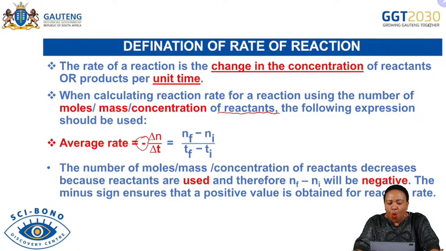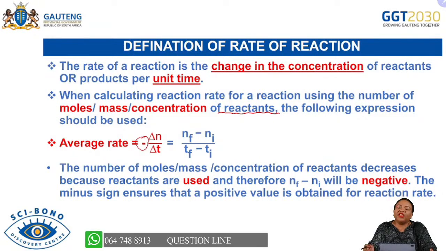Therefore, we are going to put the negative in order for us to obtain the positive value of the reaction rate. So this minus is for when you are calculating for the number of moles, the mass, or the change in concentration of the reactants, because we know their concentration is decreasing, their mass is decreasing. Therefore, if we put it as final subtract initial, our answer will be a negative value. So we need to put this minus for us to have the positive reaction rate.